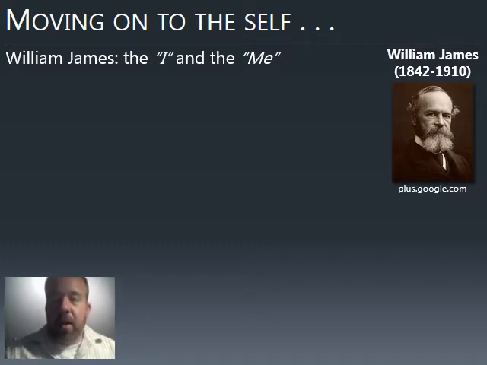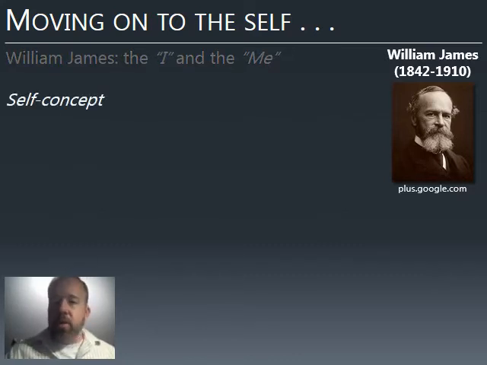The me was the target. So when other people describe us, or when events happen to us, we have this dichotomy, this distinction between the person as an active agent and the person as something being described or something to which events happen.